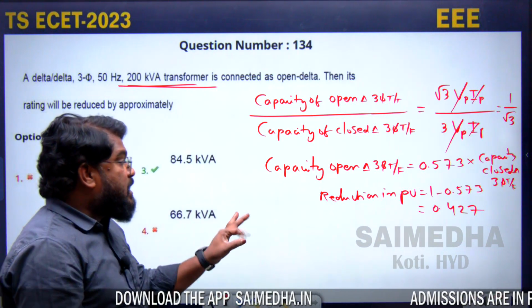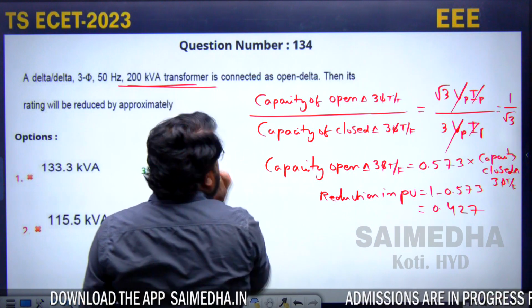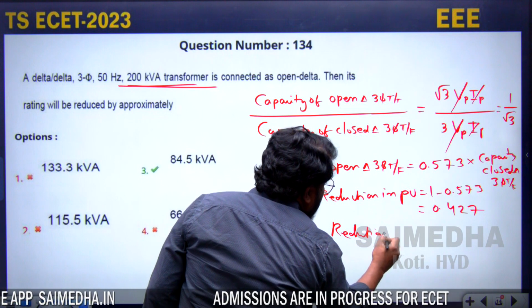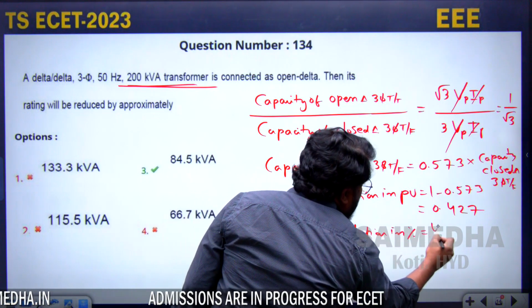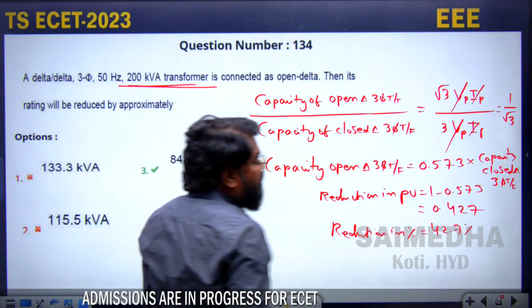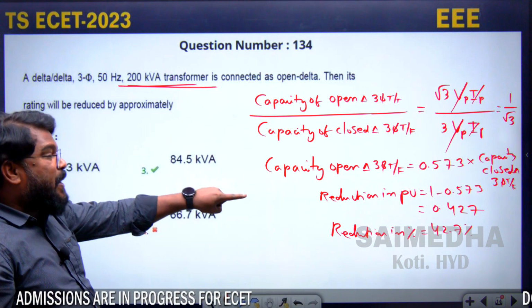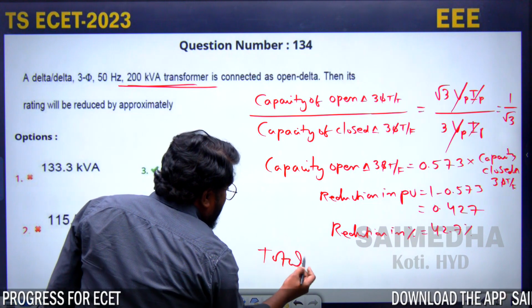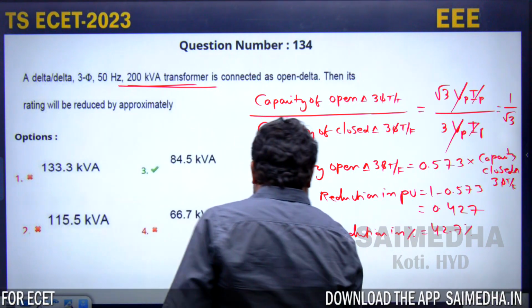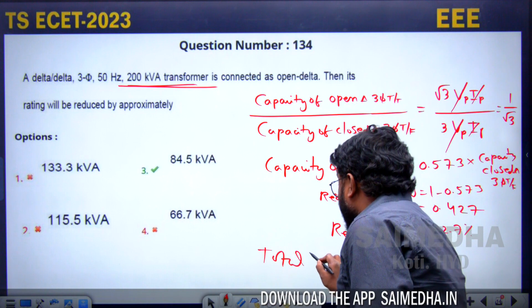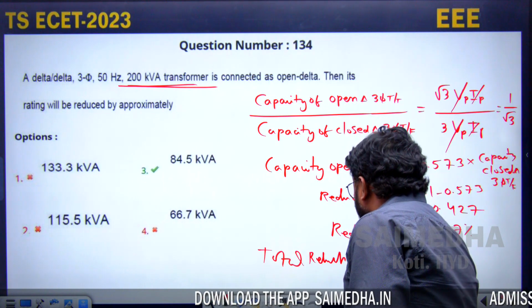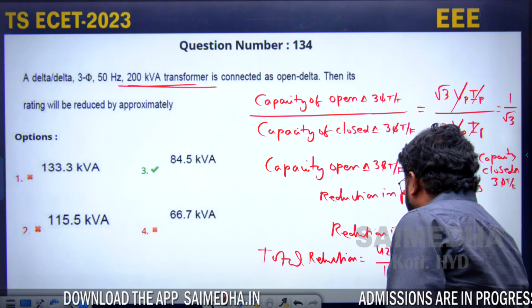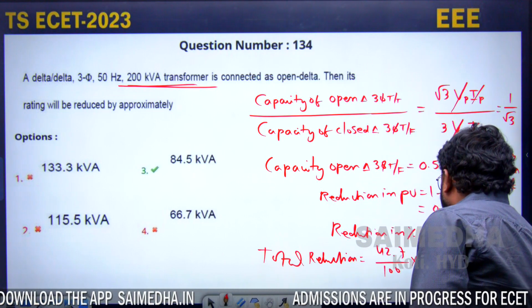So now this is the reduction in the per unit value. Per 100 kVA, the reduction in percentage is 42.7%. So the total reduction in kVA is equal to 42.7 divided by 100 multiplied by 200 kVA.